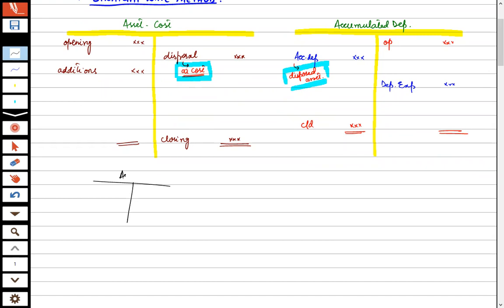Let's suppose I have an asset account, and opening is $200 and closing is $500. Done. And in the question, it is given that additions to the fixed asset class are about $700. Now, according to the rule of the T account, the debit side and the credit side should be equal. Is this equal? No. The difference?